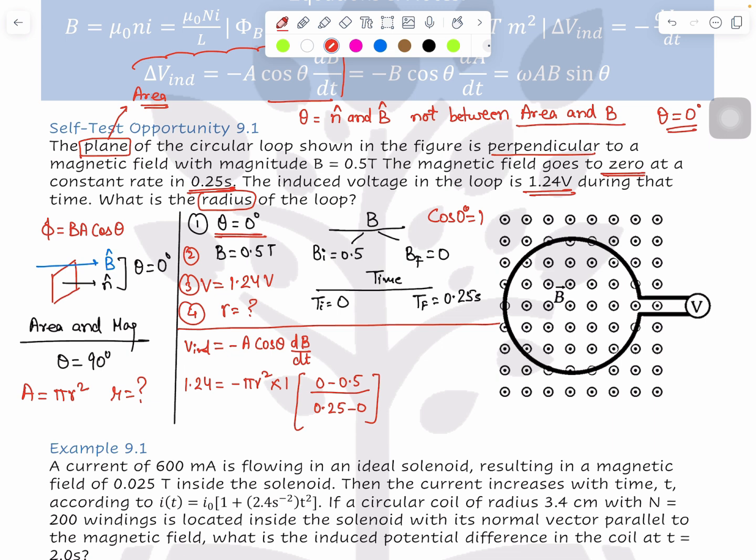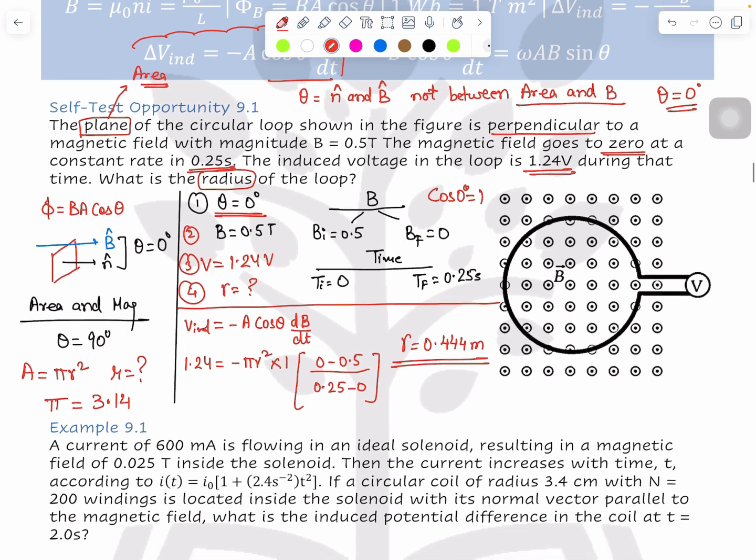Okay, place all the values, you can use pi equals 3.14. Put it in the calculator, you will get r equals 0.444 meter. Clear, guys? You understand the concept?